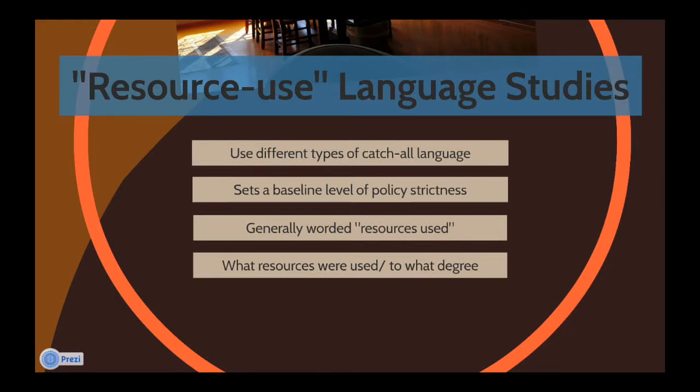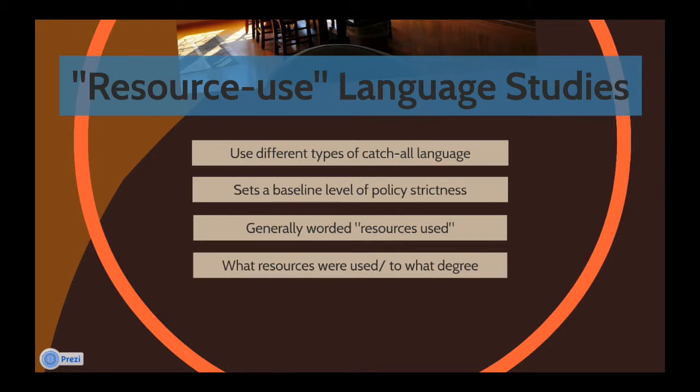It also sets a baseline level of policy strictness, reflecting the institution's overall IP strategy. Since the use of campus resources generates varying degrees of cost to the institution, catch-all language is generally worded in the context of resources used, as in what resources were used when the IP was created and to what degree.